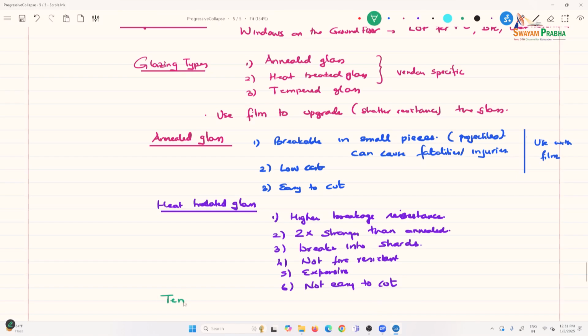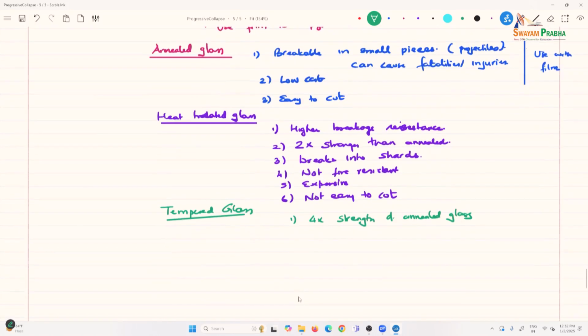Then finally, tempered glass. This is the best form because to begin with it has 4 times the strength of annealed glass. This glass breaks into cubical pieces.